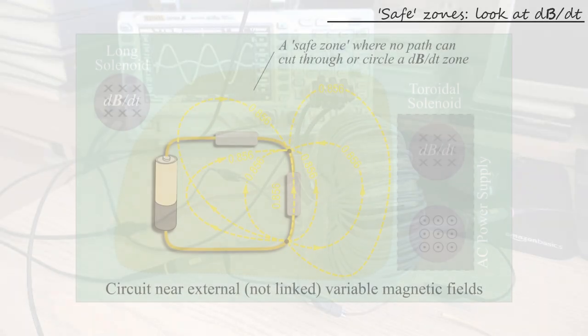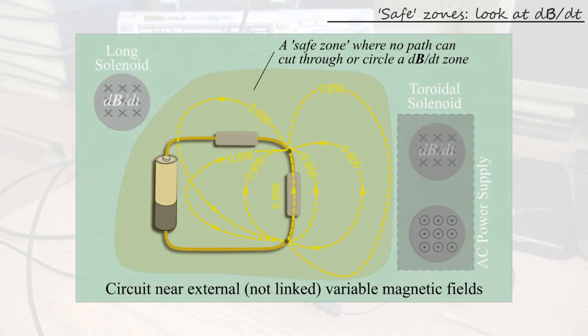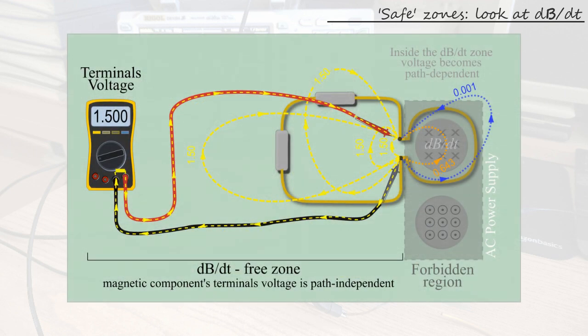It's trivial to identify safe zones in DC circuits where the dB/dt zones are all external to the circuit itself and are reasonably self-contained. But what about AC circuits, which rely on magnetic induction to power their generators, or even general dynamic circuits that include inductors and magnetic sensors?